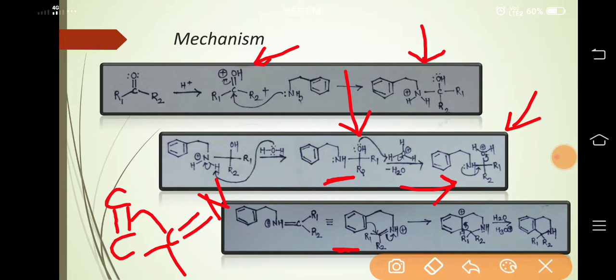This iminium ion can be stabilized in its positive charge by cyclization, by attack of the pi bond at the pi star of the iminium ion carbon.